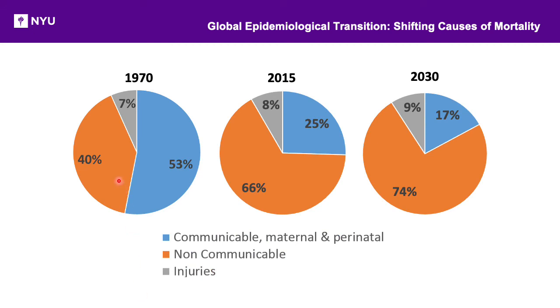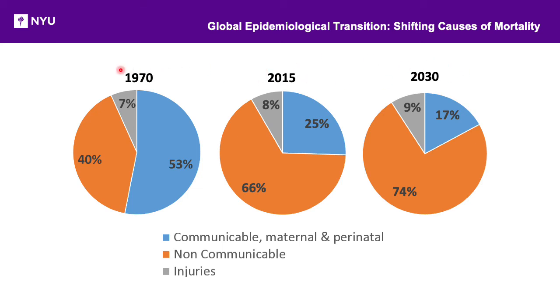When we talk about epidemiological transitions, this is basically the crux of the argument. The data at three time points shows the epidemiological transitions: 1970, 2015, and 2030.